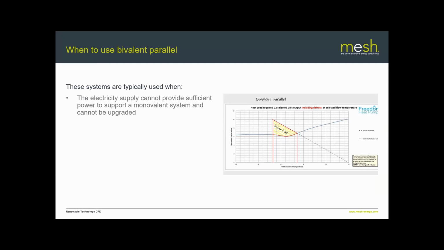As we said before, this would typically be used when the electricity supply can't support a monovalent system and cannot be upgraded, or when high domestic hot water temperatures are required. As you know, typically a heat pump will do about 50 degrees domestic hot water temperature, and then you use a thermal disinfection cycle once a week to get rid of Legionella.